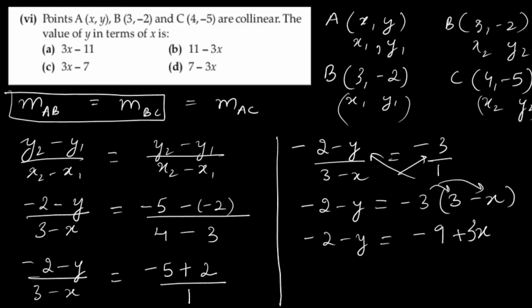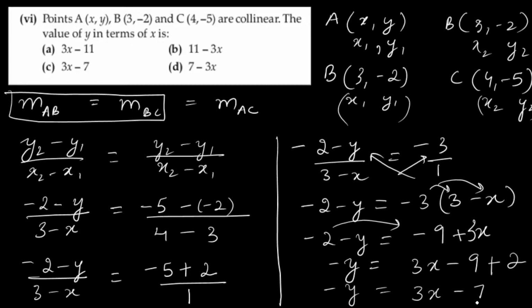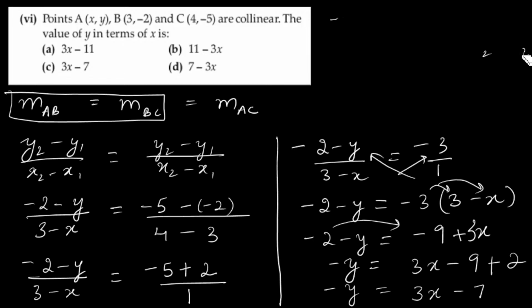Now we have to find the value of y in terms of x. Let's shift -2 to the other side. So -y equals 3x - 9, and when -2 shifts to the other side it becomes plus 2, so -y equals 3x - 7. But we don't need the value of -y, so the minus shifts to the other side and multiplies everything by minus.